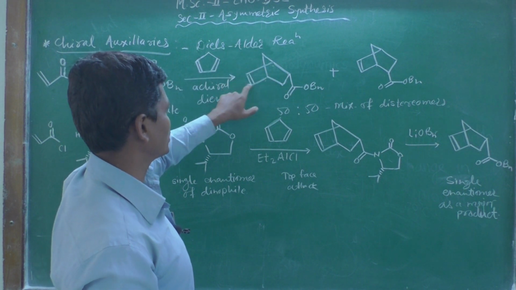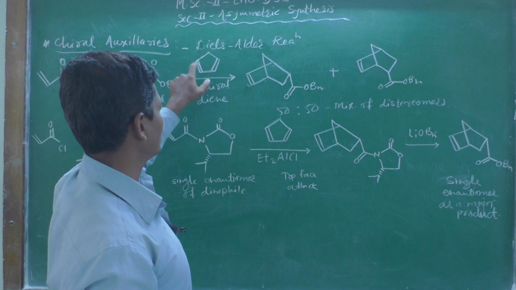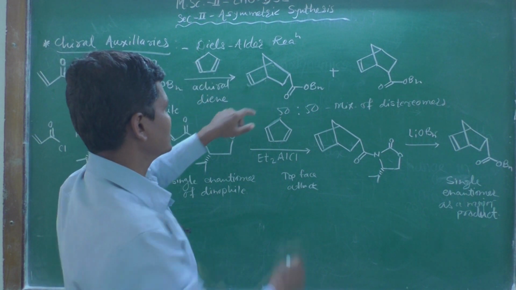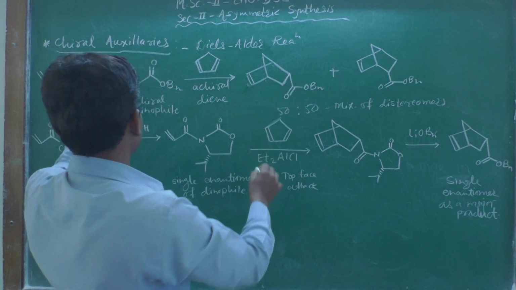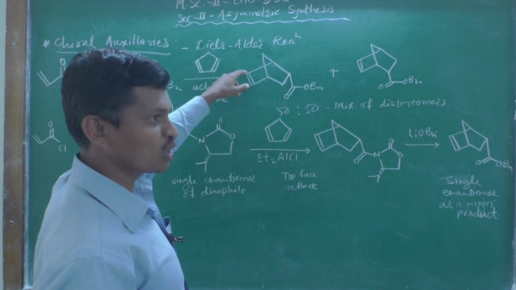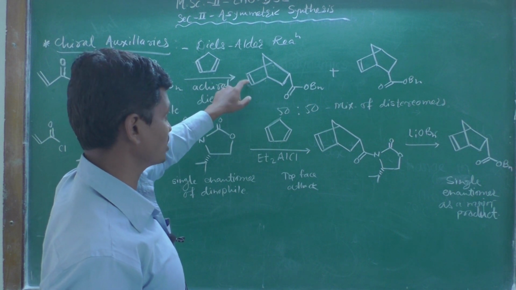These 1, 2, 3, 4 carbon atoms are from the diene, and these two carbon atoms are from the carbon-carbon double bond. There is a formation of one new carbon-carbon double bond in the product.